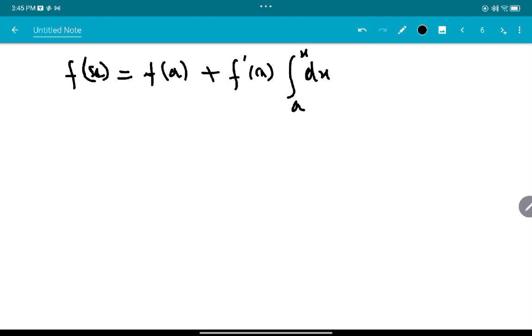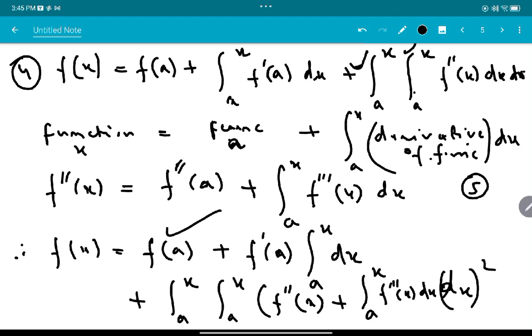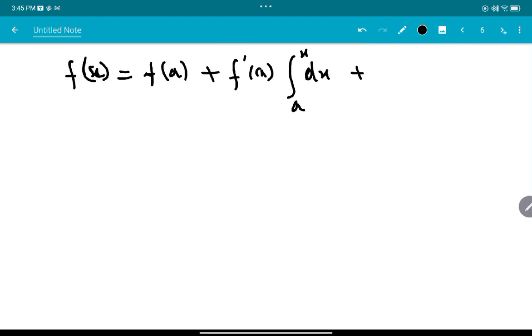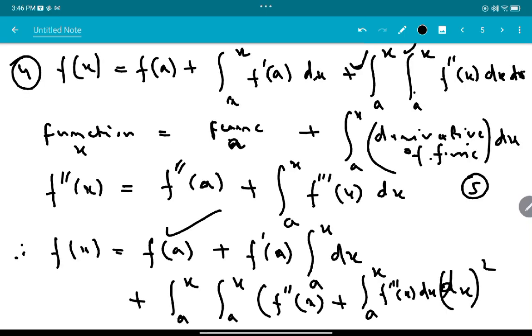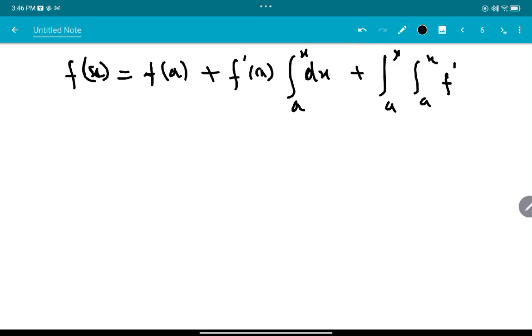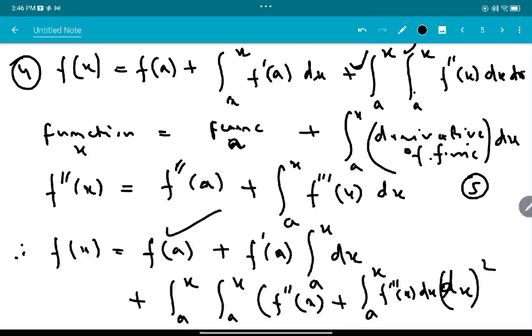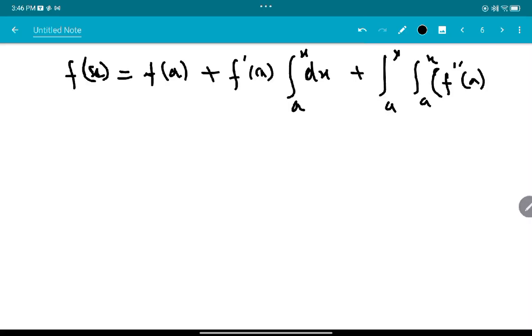Then plus the double integral a to x, and inside that double integral we have f''(a) in parentheses, then plus a to x, again a to x.